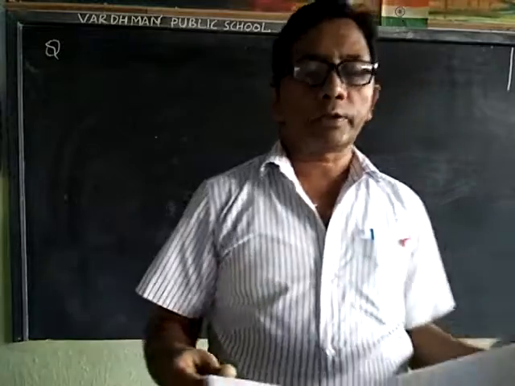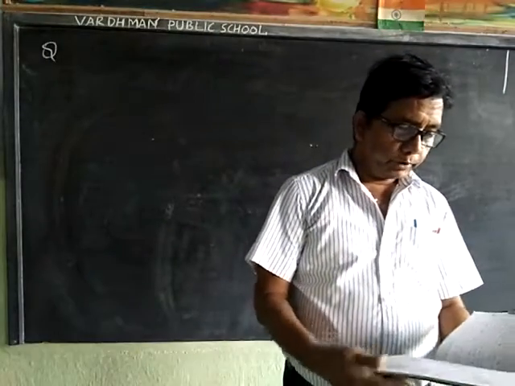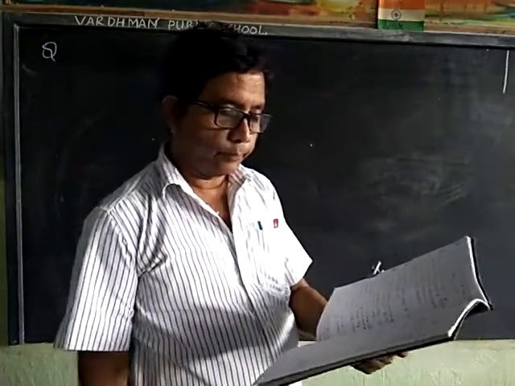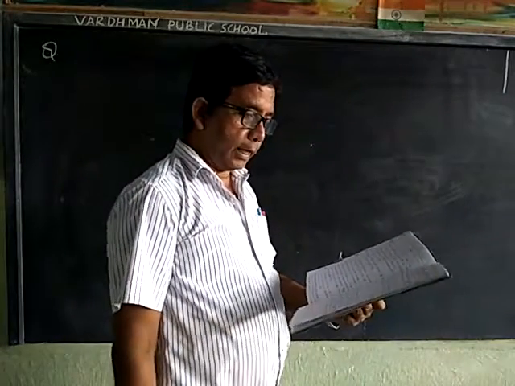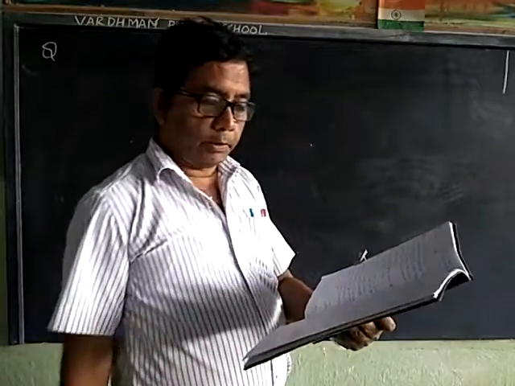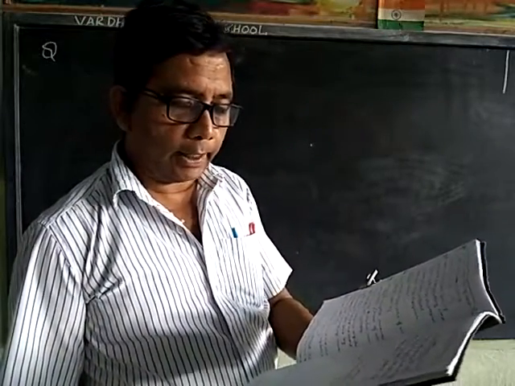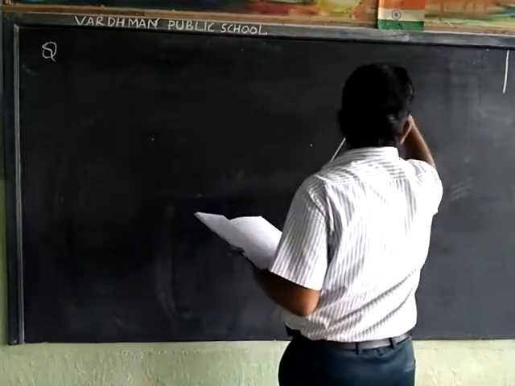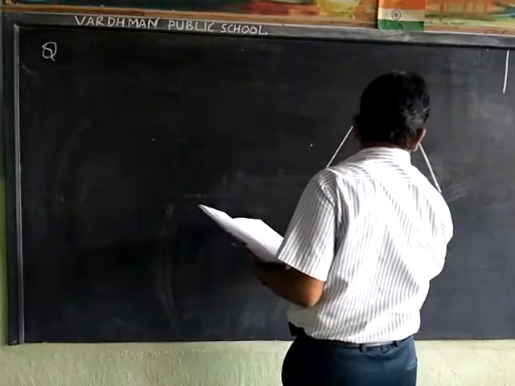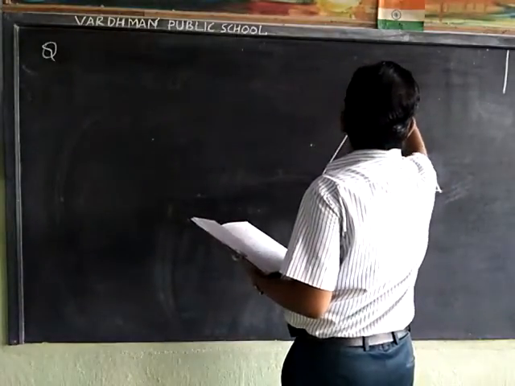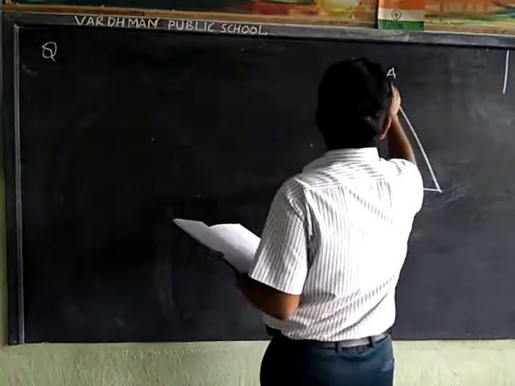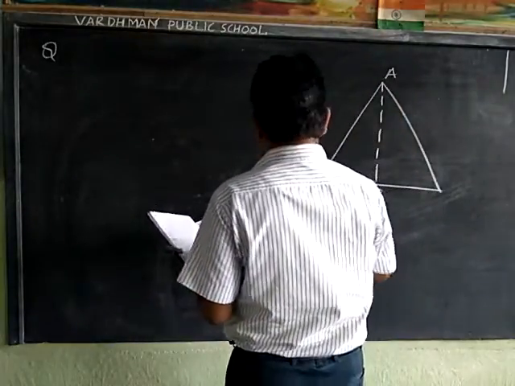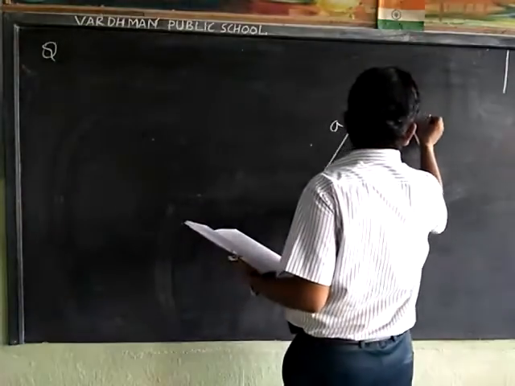Our next question is, calculate the moment of inertia of a system of masses about AB axis passing through the midpoint of the base of the triangle as shown in the figure. This is the figure, A, B. This is side a, this is side a.